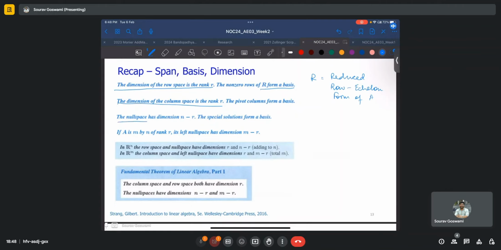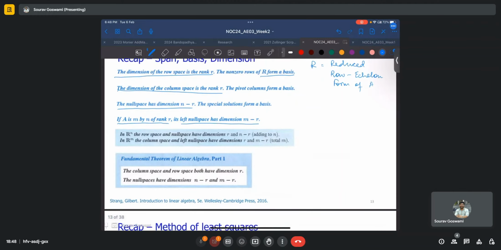The null space has a dimension n minus r, that is the number of columns minus the rank. And if A is m by n of rank r, its left null space has a dimension m minus r, because the left null space deals with A transpose.